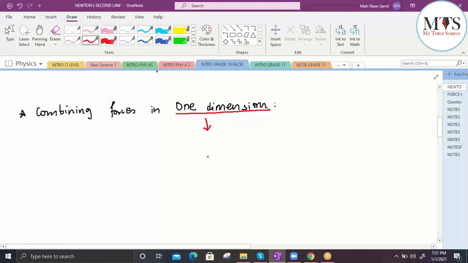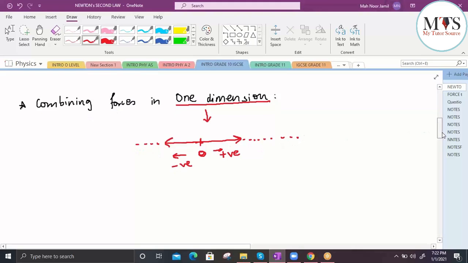So one side means that you are acting your forces along one direction, or along one common side or line, right? Think of it like the number line or the x-axis, where you have a central 0 point. All values towards the right are positive. All the values towards the left are negative, right? All these numbers lie on the same line. Therefore, we call this one dimension.